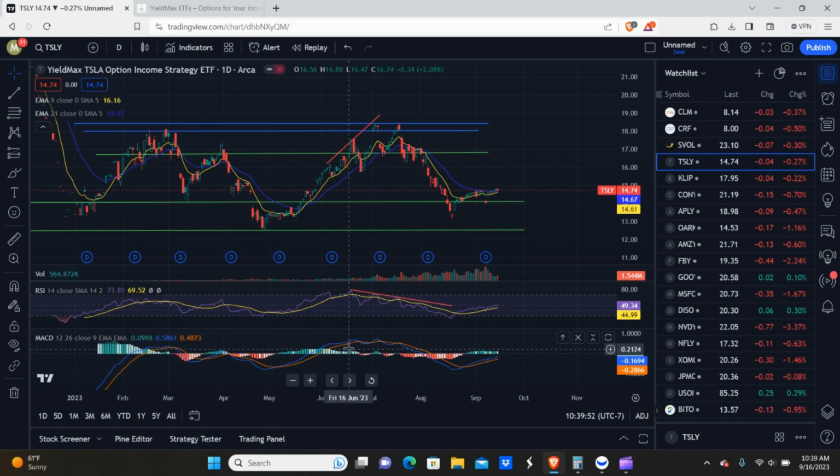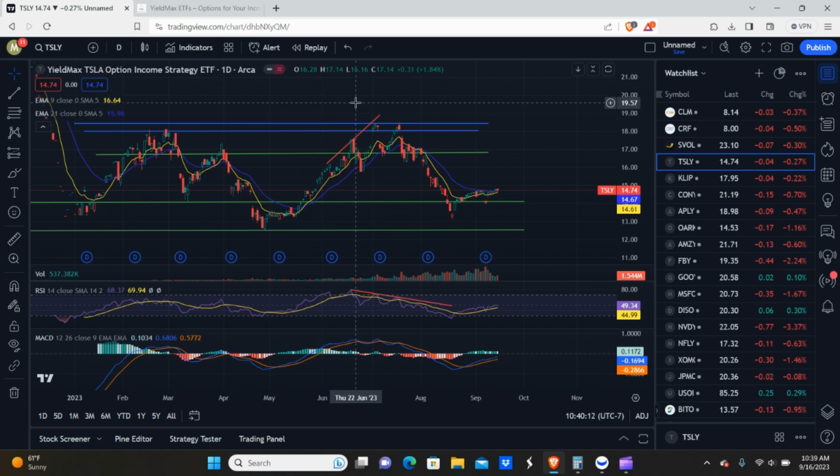As you can see, it went from green to red, green to red, which indicates indecision and a possible reversal. So a bearish divergence is an uptrend that gives you some indication, through the divergence of the indicators, that a reversal might be coming soon.